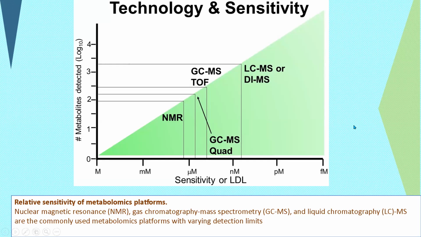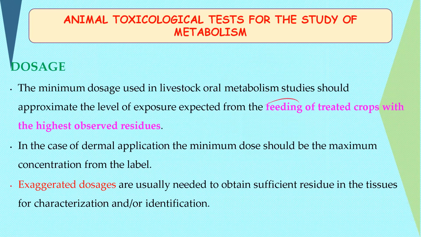You can see that the sensitivity pattern is higher in LCMS/MS, and NMR is very highly sensitive, followed by GCMS with quadrupole, and GCMS with TOF. So the sensitivity is more and more, but the cost of the equipment is very, very high, especially NMR and LCMS/MS, etc. So how are these studies conducted?